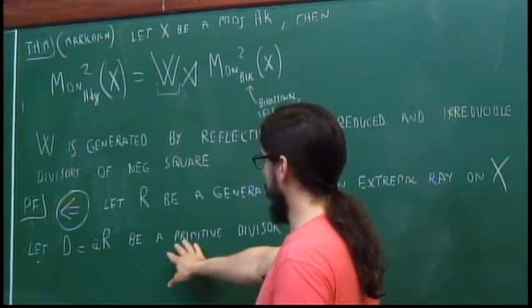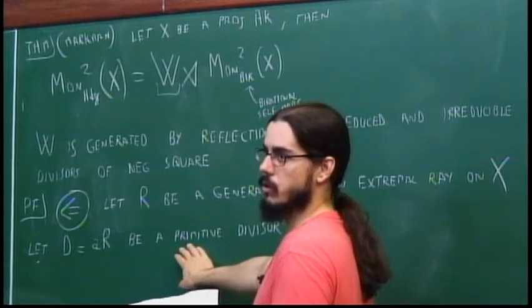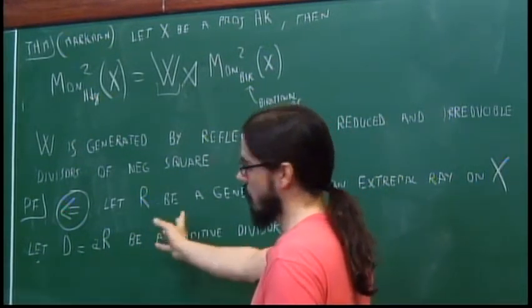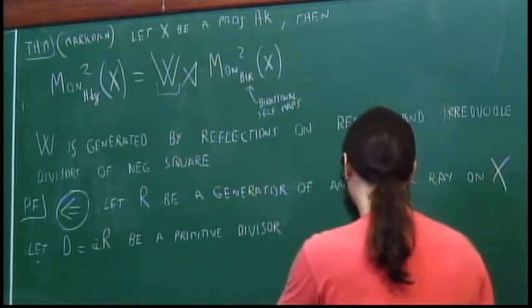The primitive is not needed because the definition of wall divisor doesn't ask it, but just for simplicity.